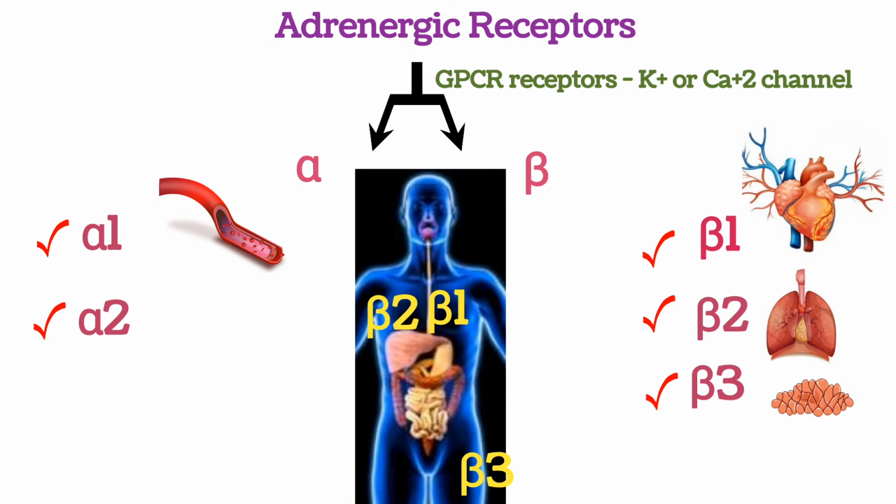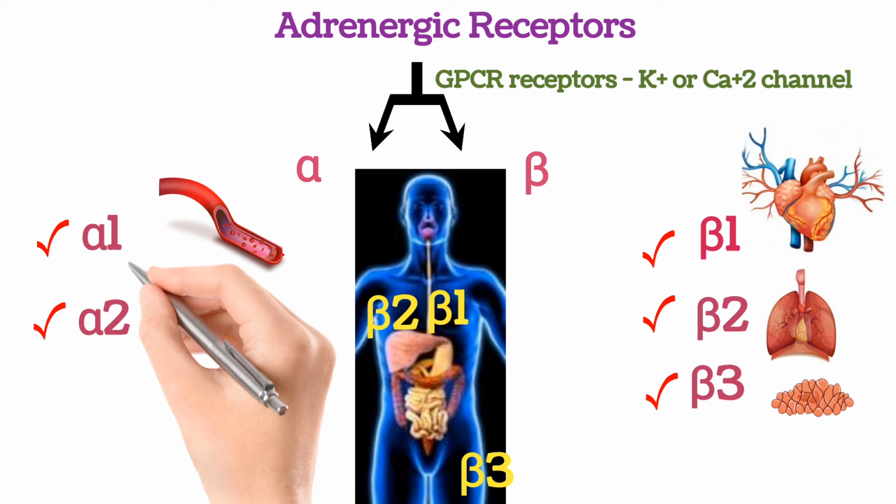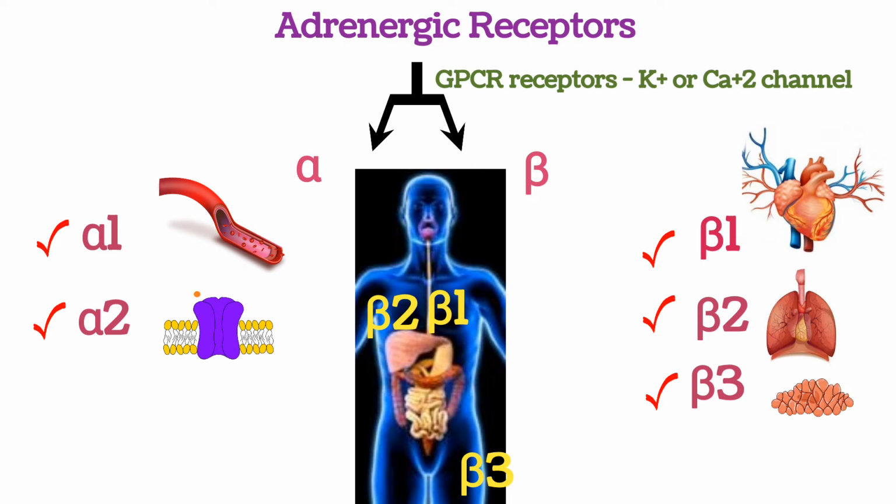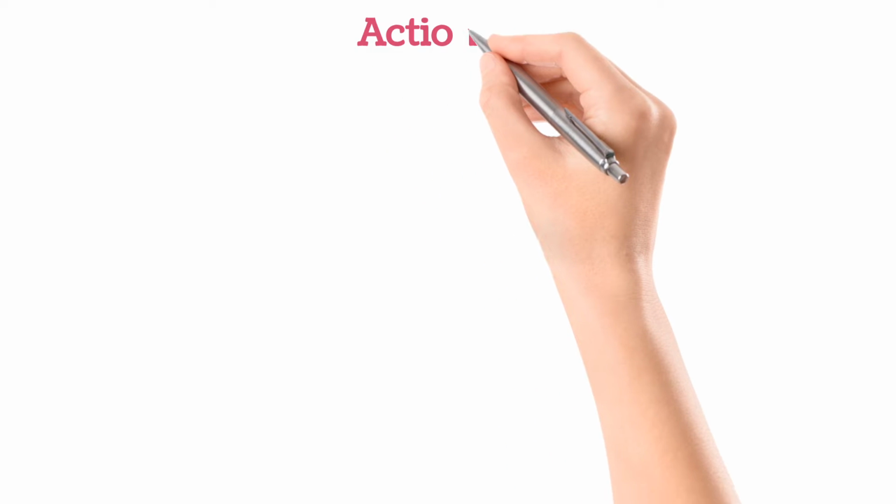Alpha 1 is in blood vessels, and alpha 2 is present in nerve endings inside the brain and in the pancreas. There is no significant use of alpha 2 receptors. Whatever action we get through this process is sympathomimetic action, or in other words parasympatholytic action. Lytic means opposite to parasympathetic action, meaning sympathomimetic action.